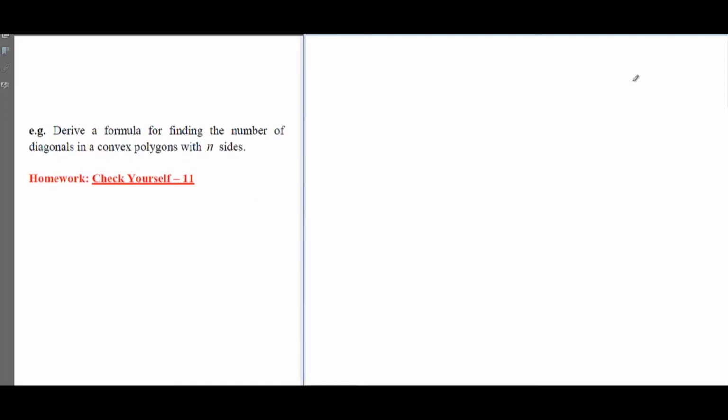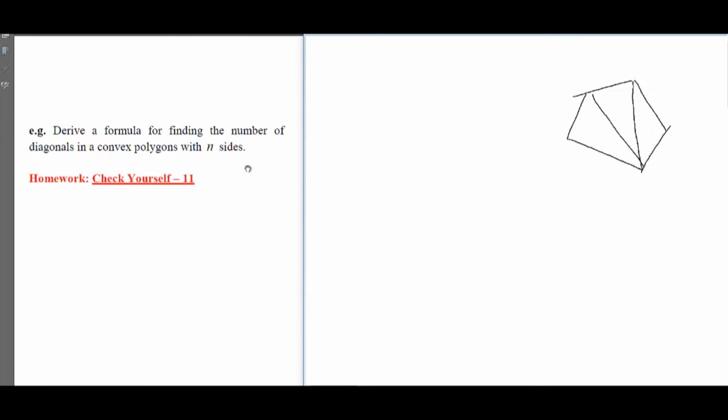It means if you have a polygon like this, look here, two non-adjacent vertices. This one is one diagonal of this polygon. This one is another diagonal of this polygon. But if a line joins two adjacent vertices of the polygon, it's not a diagonal, it's a side of that polygon.